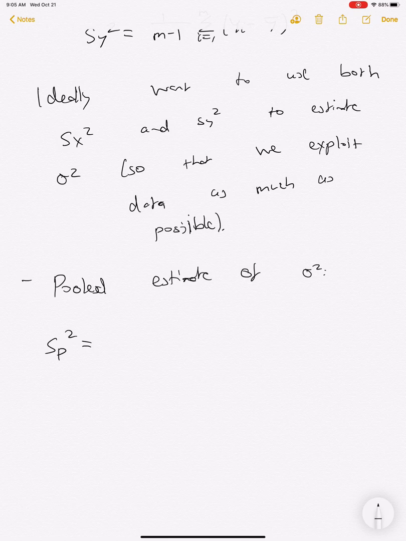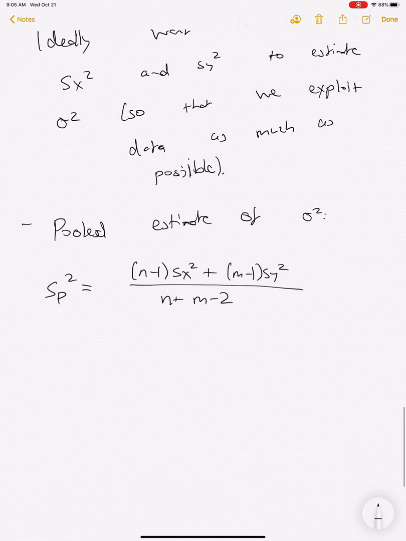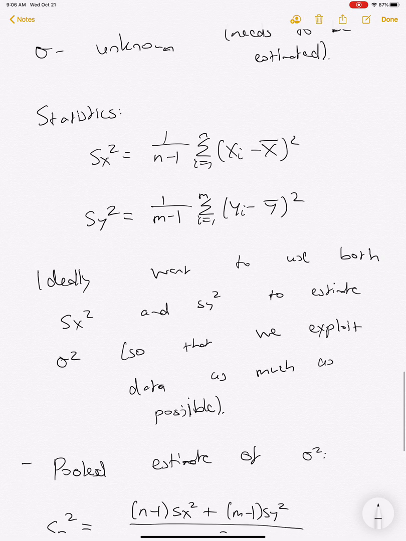And it's reasonably intuitive. Okay, so this is just a linear combination of sx squared and sy squared, and you essentially multiply this by n minus 1 and m minus 1 to make sure that things work out, and that just comes from the formulas that we have here.